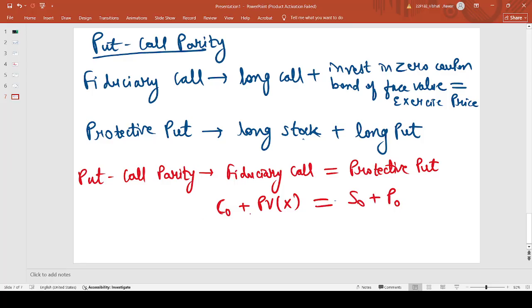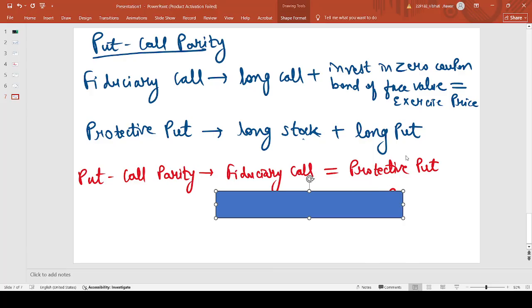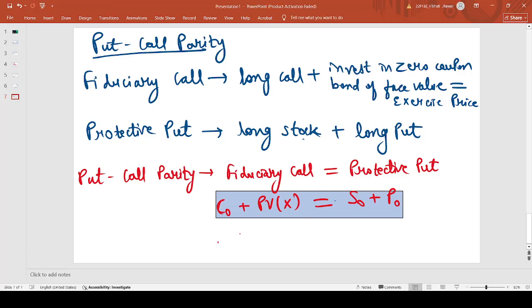Now from this equation you can create a synthetic call.